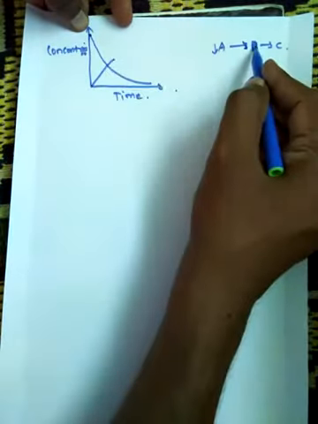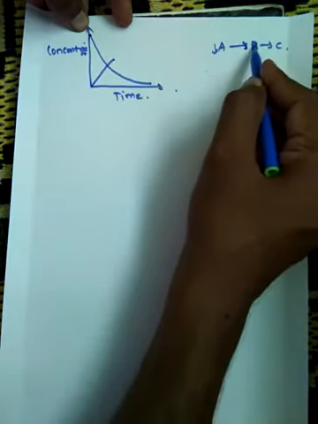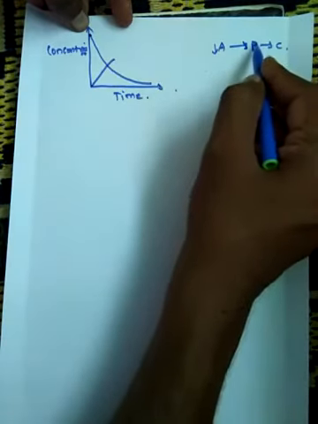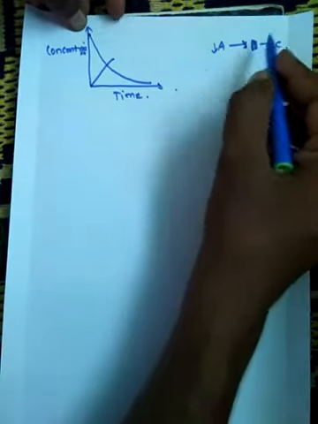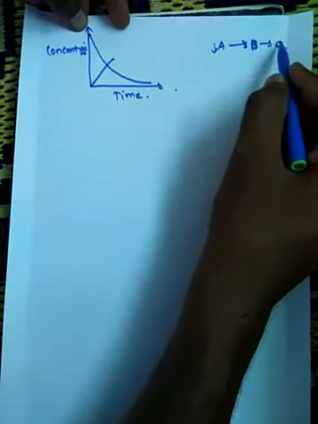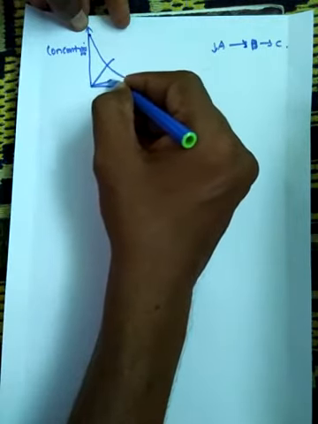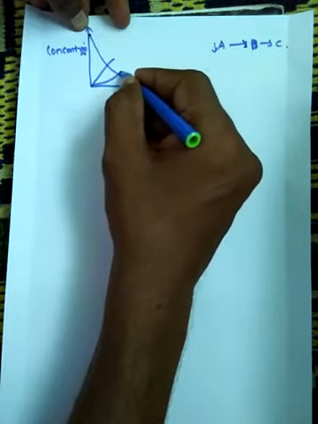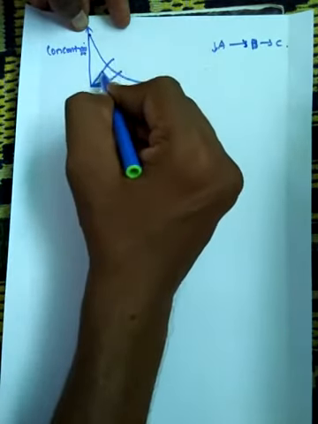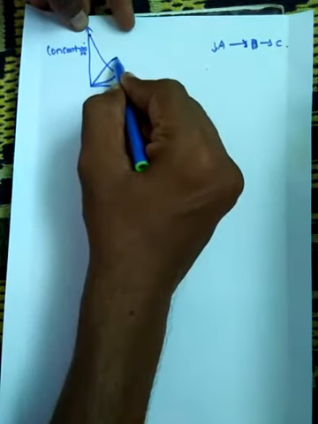As the concentration of B increases, B started giving molecule C, so the C concentration slowly increases. After some time, you'll notice the concentration of B decreases.